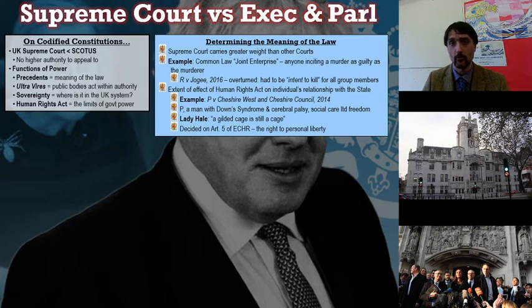P was a man with cerebral palsy and Down syndrome, whose condition was deteriorating over time. The local council argued that they could give him a better quality of life if they deprived him of certain freedoms, i.e., forcing him to live in a particular institution, being constantly monitored by the state, and being unable to take the decision himself to either leave or move out should the opportunity present itself.